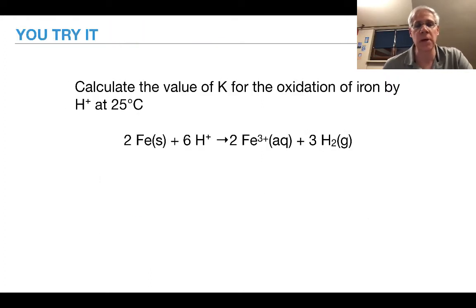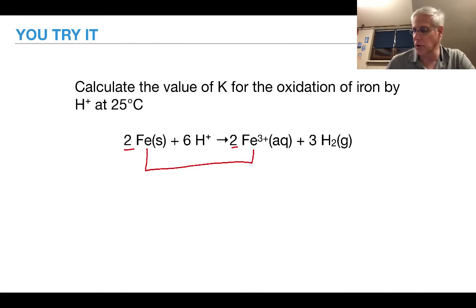So here's one I'd like you to try. Calculate the value of K for the oxidation of iron by H plus at 25C. So it's already balanced for you. You should be able to figure out the number of electrons that are transferred. Specifically, you can probably do it fairly easily using the iron there. For calculating the number of electrons that are transferred, you do need to keep in mind the stoichiometry there.